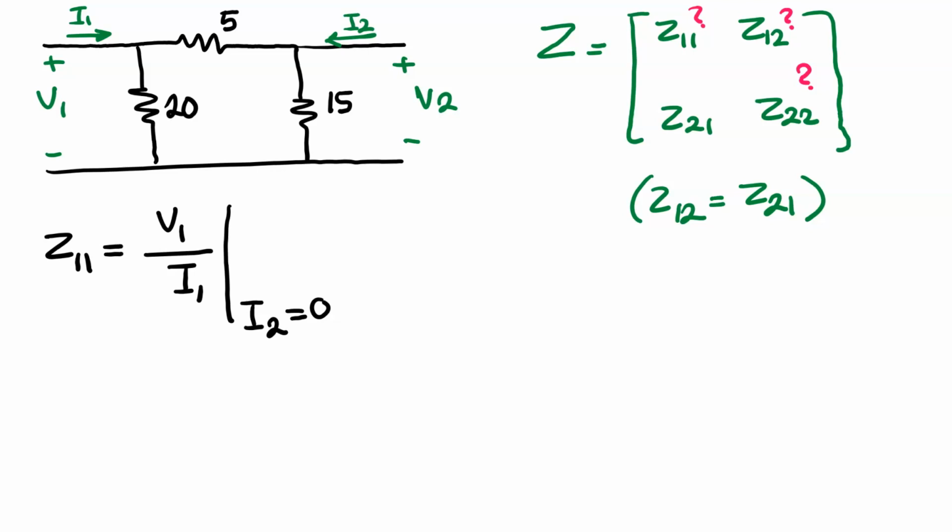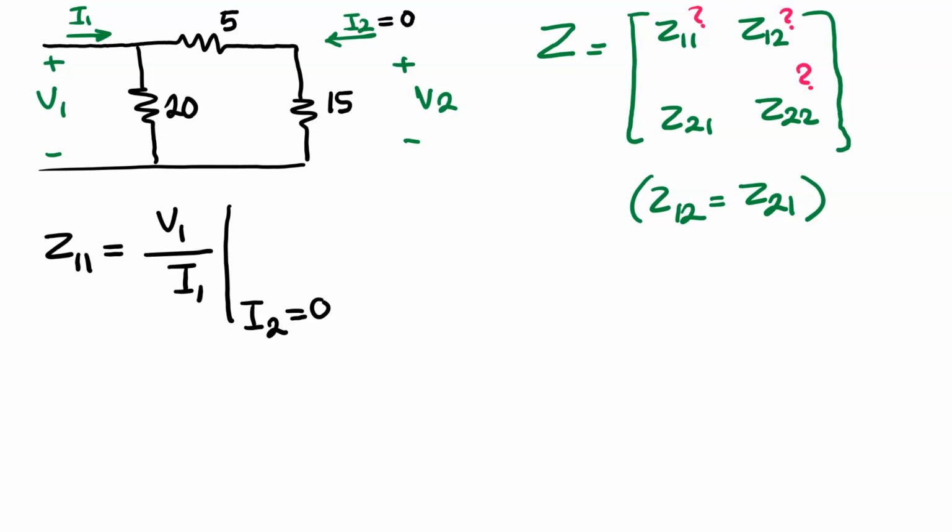The easiest way to show that is to remove this line. So this is basically my circuit if I assume that I2 is 0. So here I2 is 0 and I still have V2. Don't forget that I'm making it an open circuit, but still there is a voltage across this 15 ohm resistor. So V2 exists, but there is no current in my output terminal.